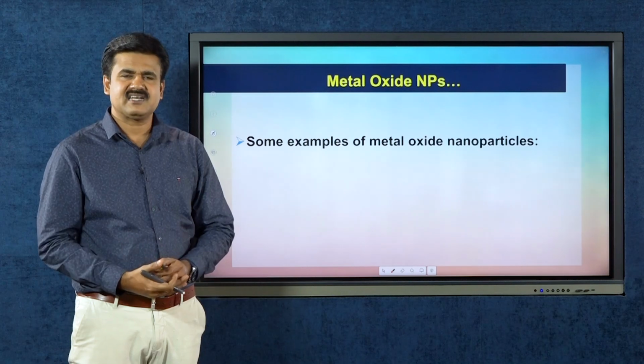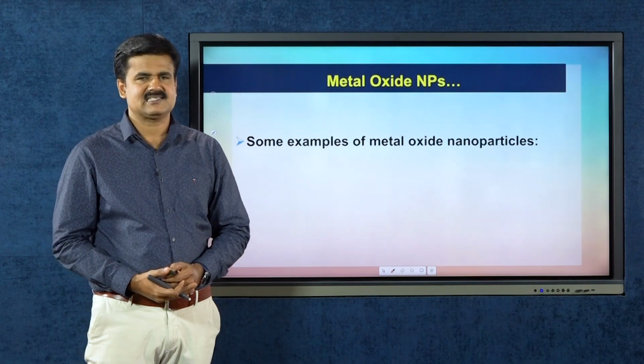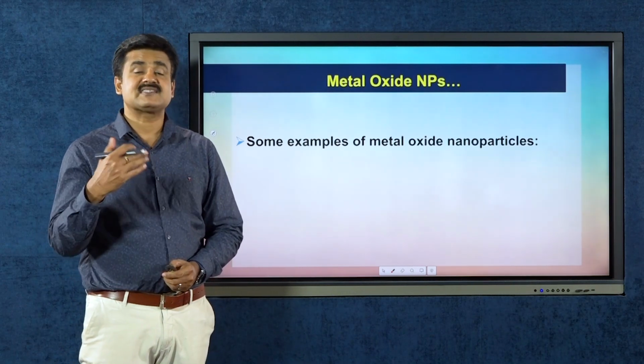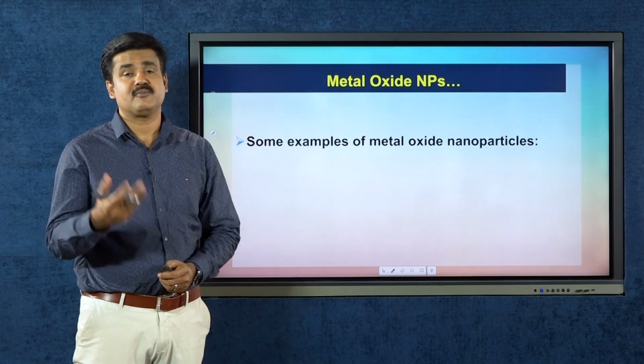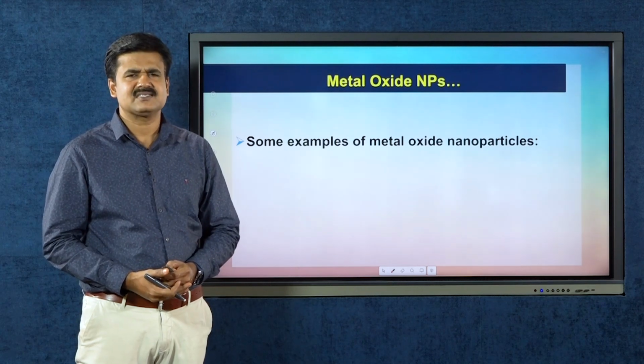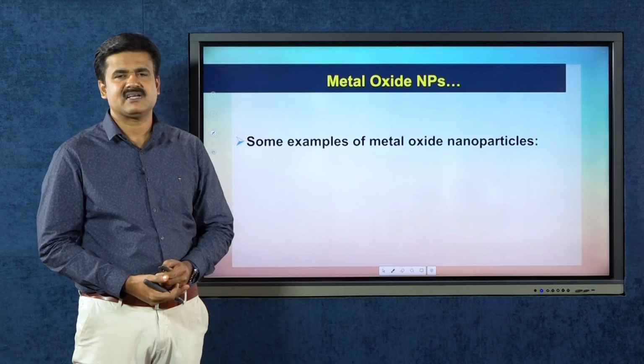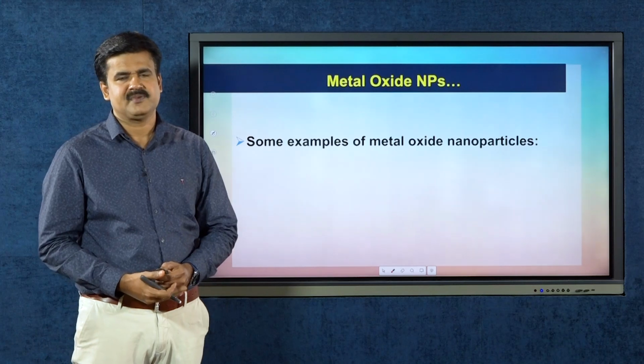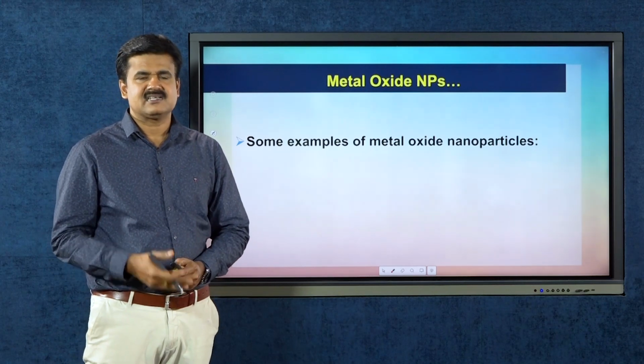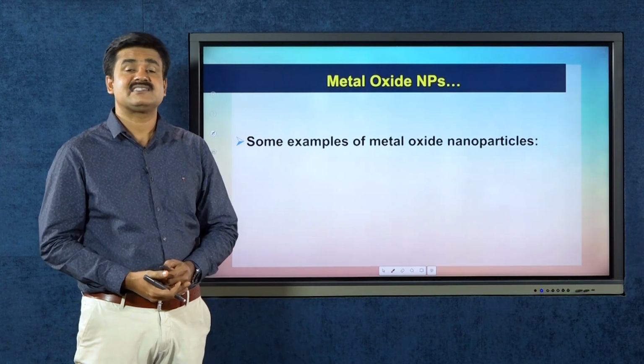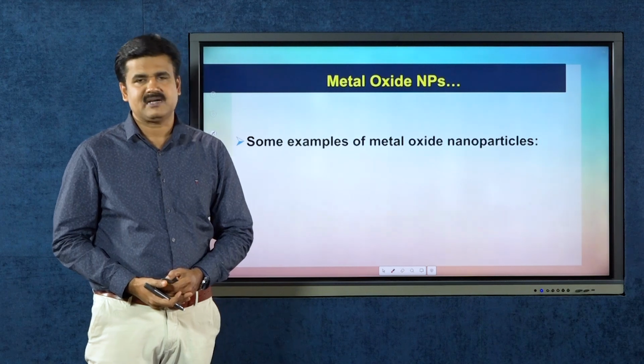Most of the metals can form their oxides. However, metal oxide nanoparticles cannot be formed from all the metals because some metal oxide nanoparticles are highly unstable. Here we are discussing some examples of stable metal oxide nanoparticles.